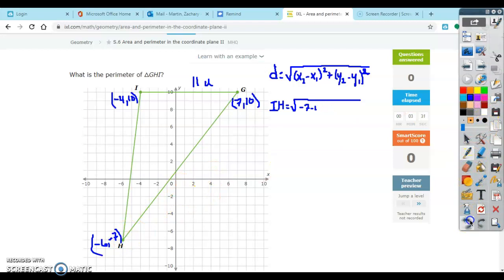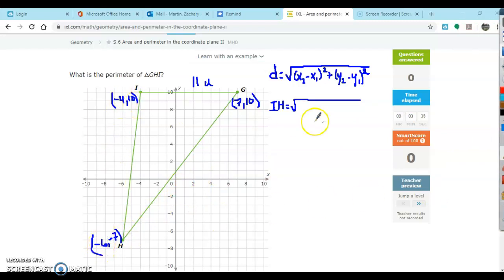Let's get rid of that real quick and do the x values to begin with. That's -6 minus -4, squared, plus now we can do the y values, -7 minus 10, squared. All right, so that's equal to the square root.